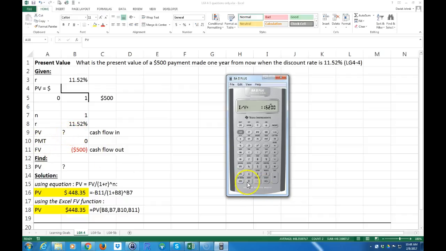The payment is 0, so it goes 0 payment, and then the future value is $500. Now remember, the calculator thinks like Excel, you need to have it negative. So I put that in for the future value. And then finally I'm going to compute the present value. So I'm going to go compute present value. And it's $448.35. That's the same answer we have there.